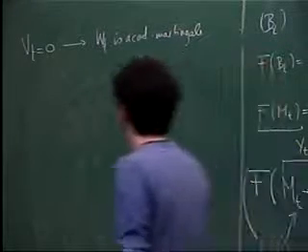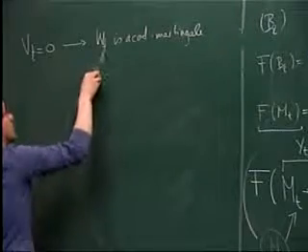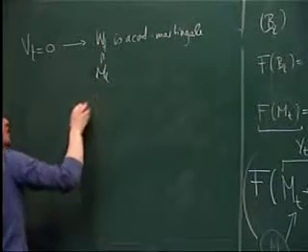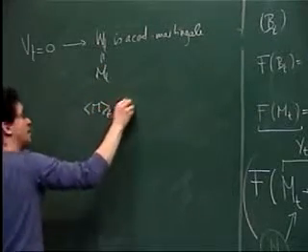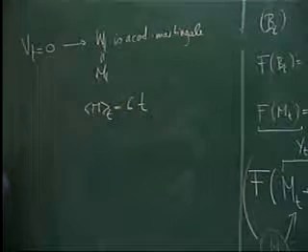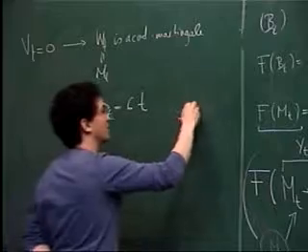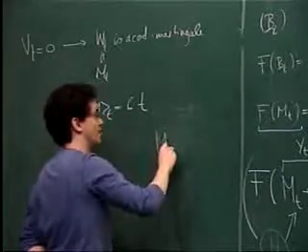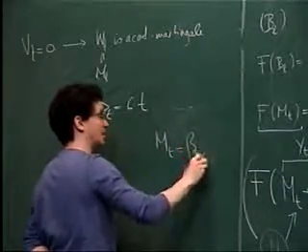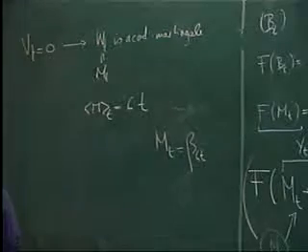And Mt is 6 times t, which just means that M is a Brownian motion running at speed 6 times t, and you're done.